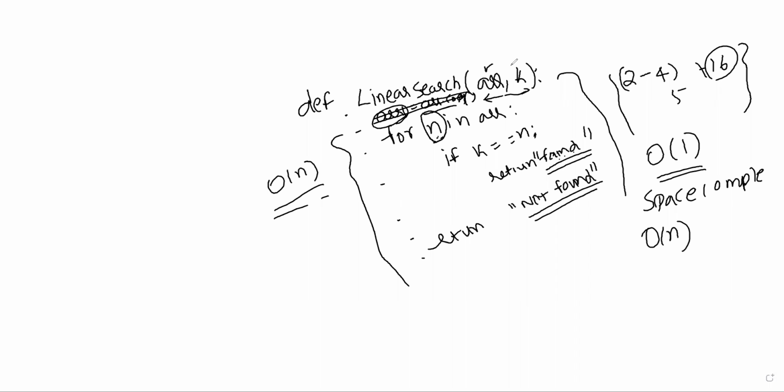Okay, so now let's talk about the auxiliary space. Auxiliary space comes into the picture whenever you are using recursive functions. So for example, there is a function, let's say foo of n.